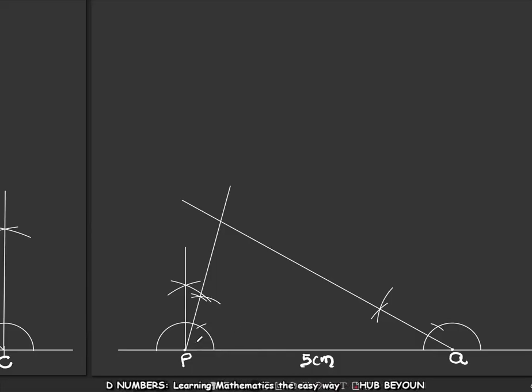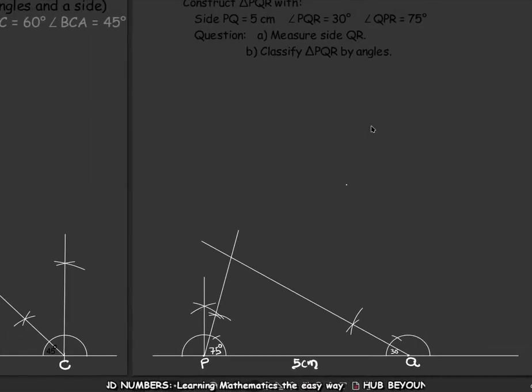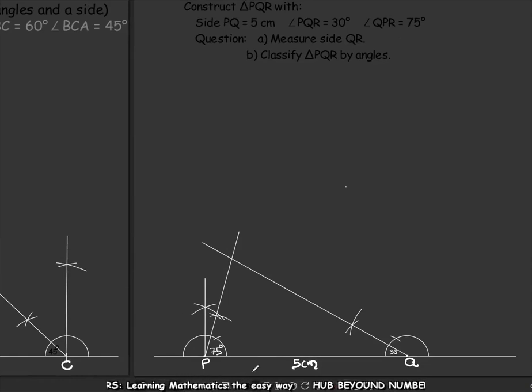You can put your angle measure of 75. So then that now becomes, I think, your R. Let's zoom out and see what letter we're asked to put there. So PQ, and then our R is going to be here. Right. Now it says we should measure QR.